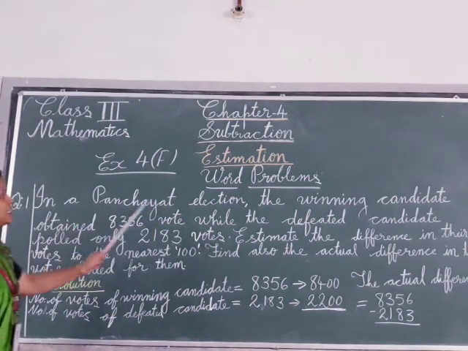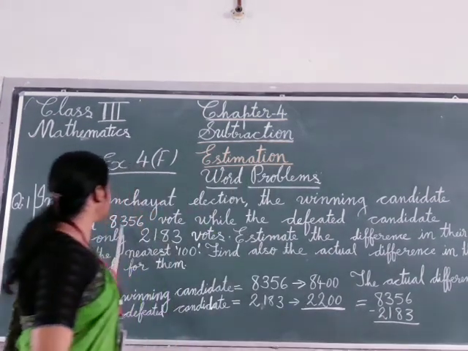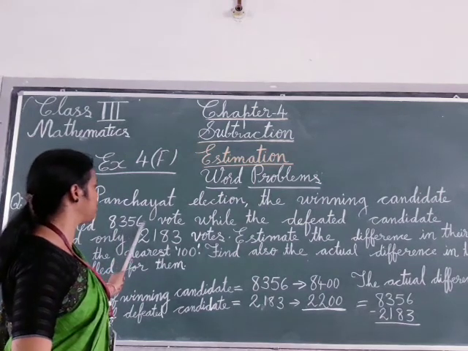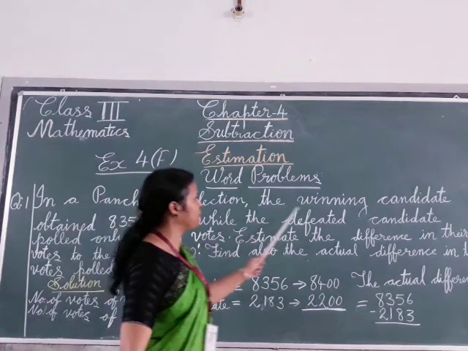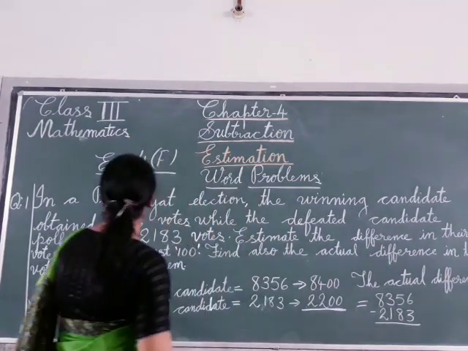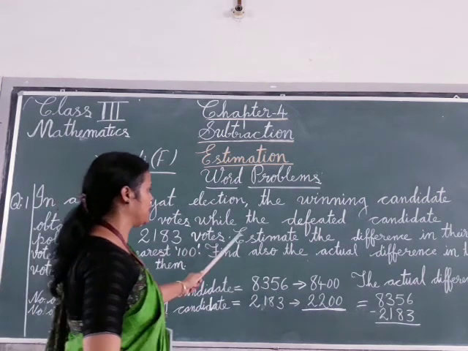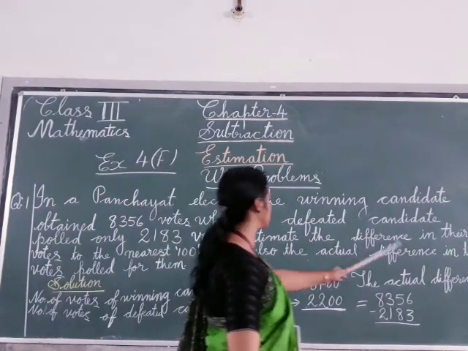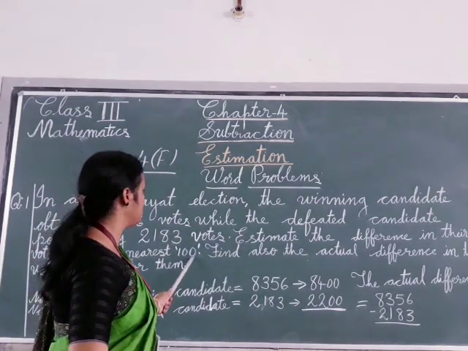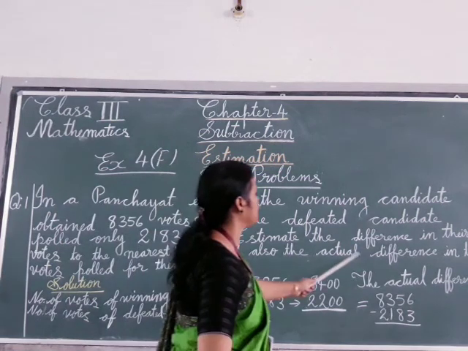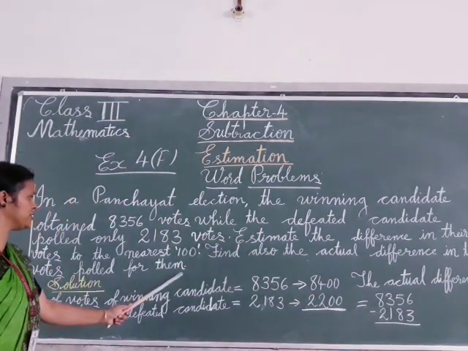In a panchayat election, the winning candidate obtained 8,356 votes, while the defeated candidate polled only 2,183 votes. Estimate the difference in their votes to the nearest 100. Find also the actual difference in the votes polled for them.